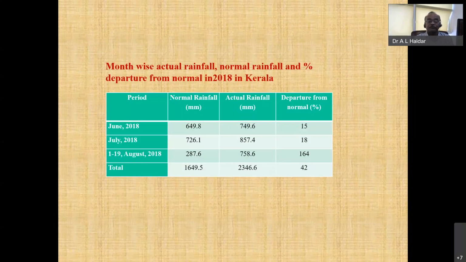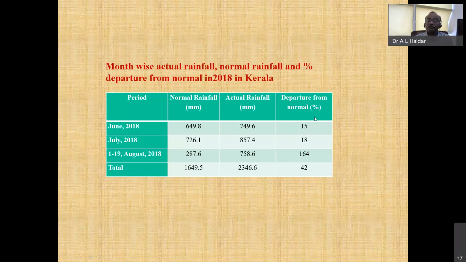Again, in August, 1649 millimeters of rainfall took place in Kerala in 2018, against a total normal rainfall of 2346.